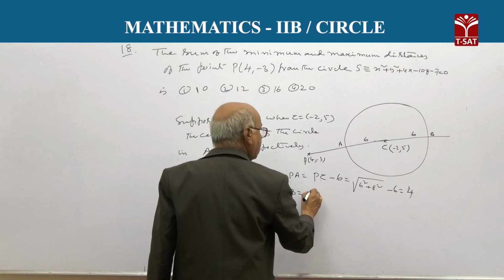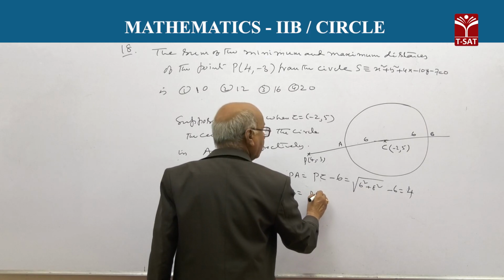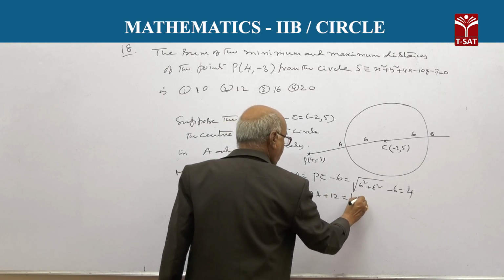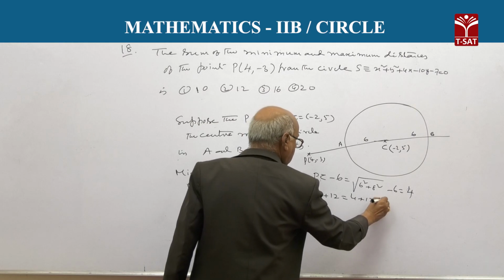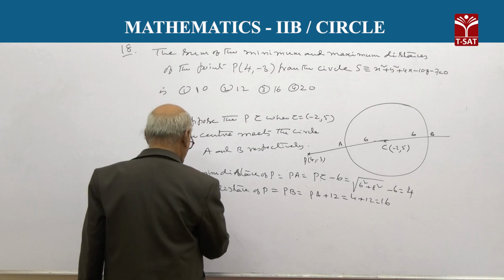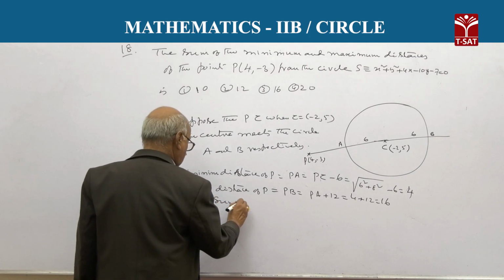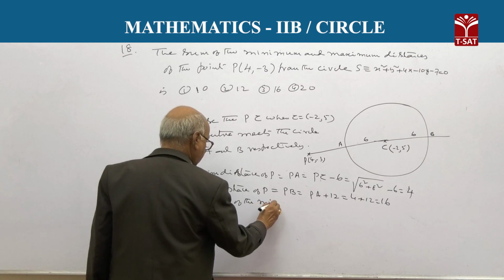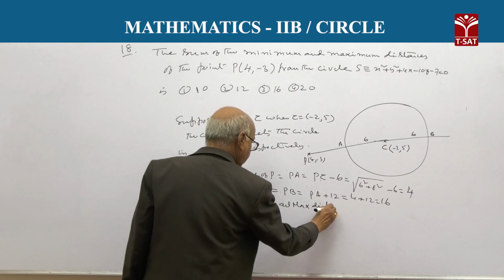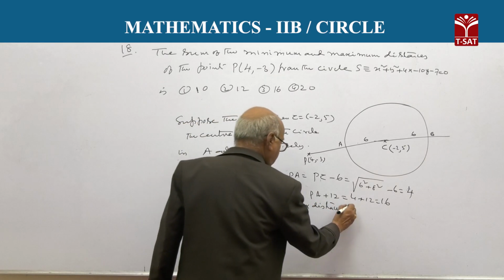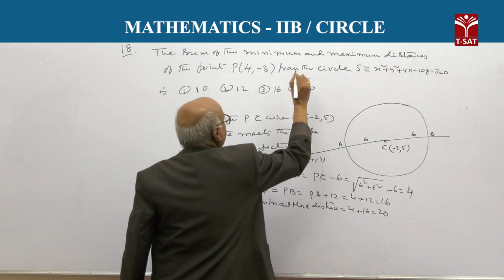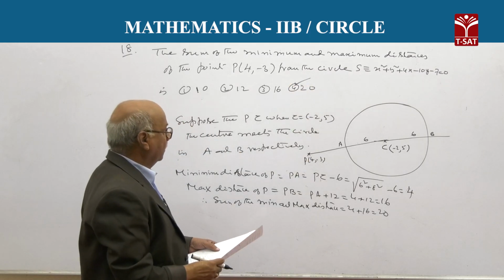PB is PA plus 12, so 4 plus 12 is 16. So the sum of the minimum and maximum distances is 4 + 16, which is 20. So the correct option is option number 4.